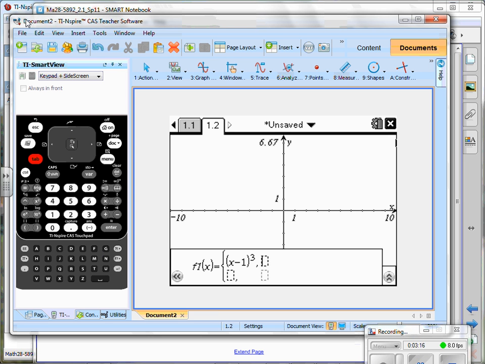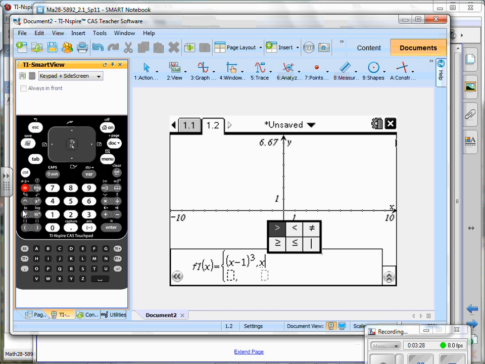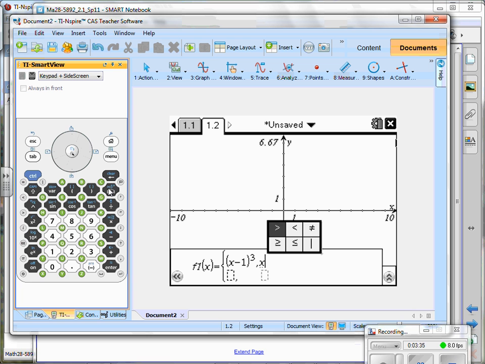Okay, how are we doing? Good. And so I need x. Now I need x less than or equal to. On the touch screen that we have here, if you do control on the equals, you get a little template, a palette for this. If you're on the click pad, you actually have a symbols palette on this, it's called the catalog.